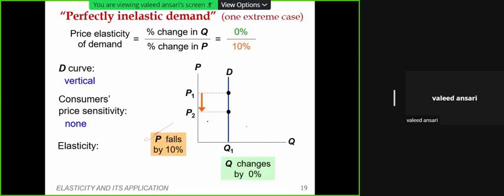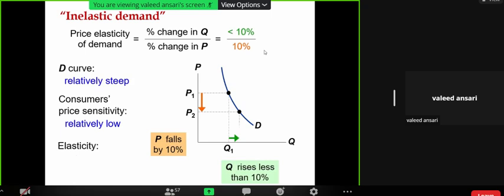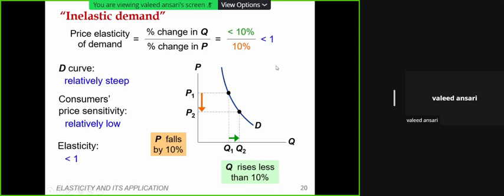Whatever the price, the quantity remains the same, so the elasticity will be 0, because if the numerator is 0 and the price changes, the elasticity is 0. This other case is slightly inelastic, but the change in quantity is lower than the change in price. Therefore, it will be less than 1. So it is a relatively steeper curve.